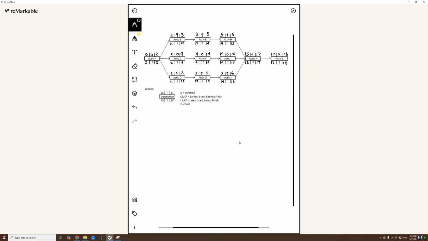We have completely filled in our network diagram. This is our critical path network diagram, filled in.